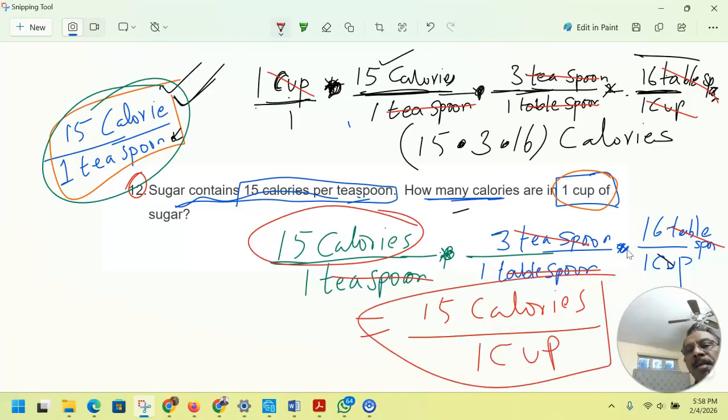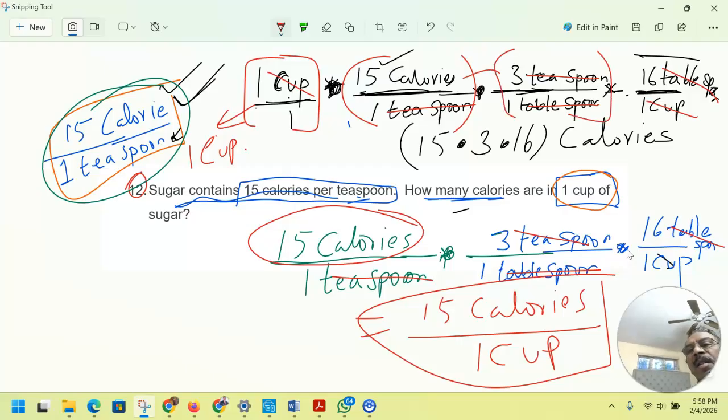And that gives you the answer. So one way is you can start with 1 cup. And here I started with the cup itself, and then I try to change this, multiplying the conversion factor, which is given in calories, and then I try to build up like this and get the answer. So this also is correct, and this also is correct. So I hope I made sense to you there.